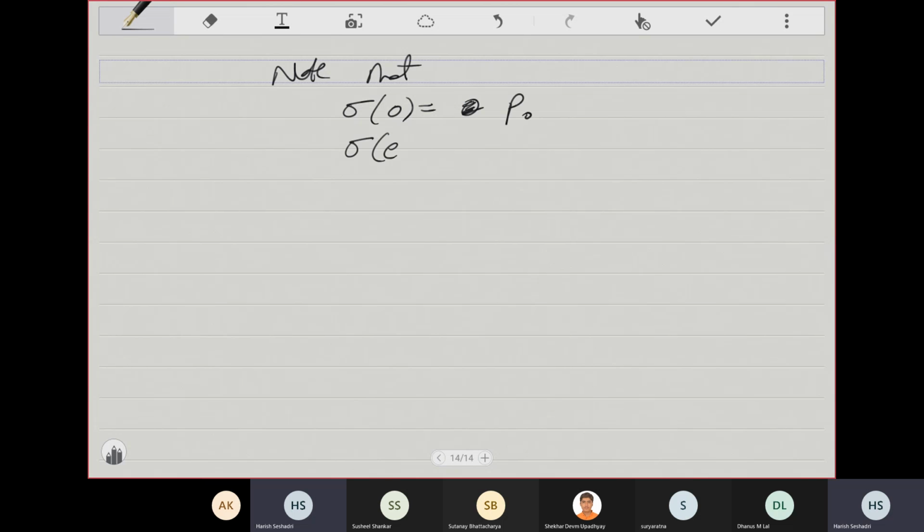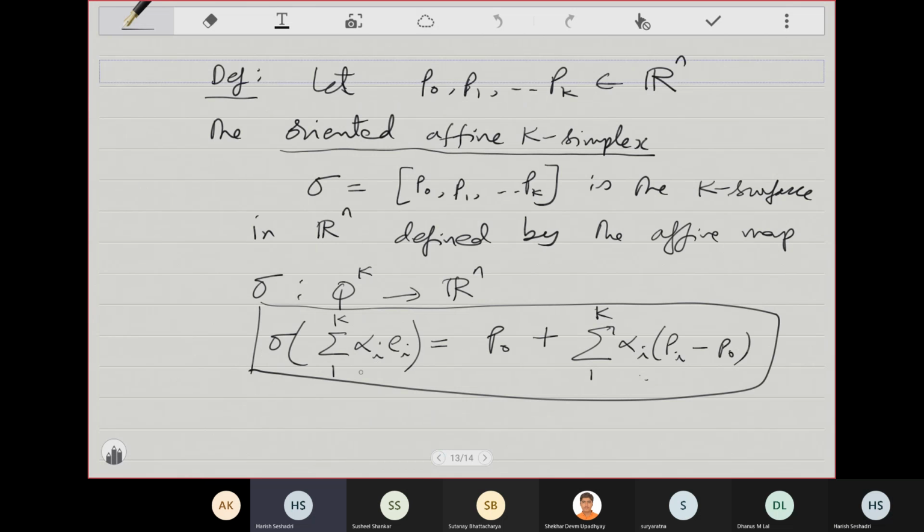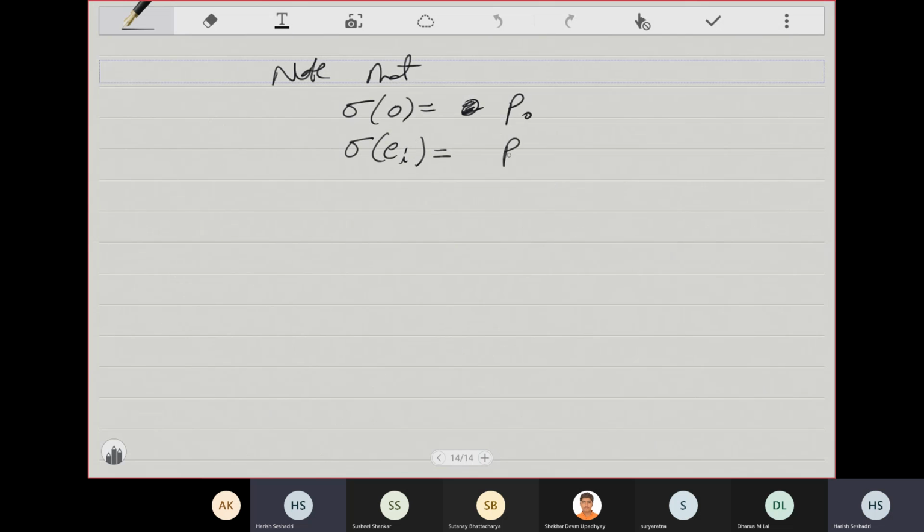And if I take the standard basis ei, ei is just one times ei plus 0 times ej, j not equal to i, if I were to write it in this form. So here too, the only term on the right hand side which will survive is alpha i equal to 1. So I'll get Pi minus P0. There's already P0, so I'll just get Pi.